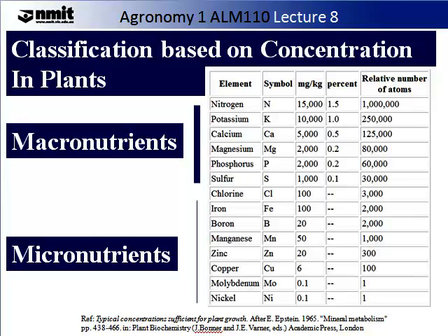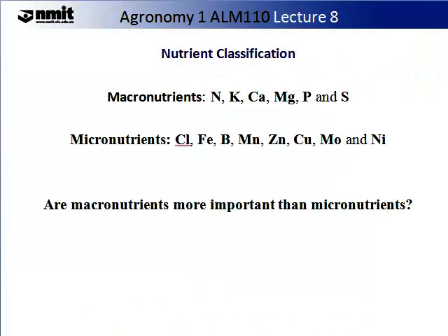This varies between 1.5% and 0.1% of the plant's dry weight. The micronutrients are found in lower concentrations. The micronutrients include chloride, iron, boron, manganese, zinc, copper, molybdenum, and nickel.